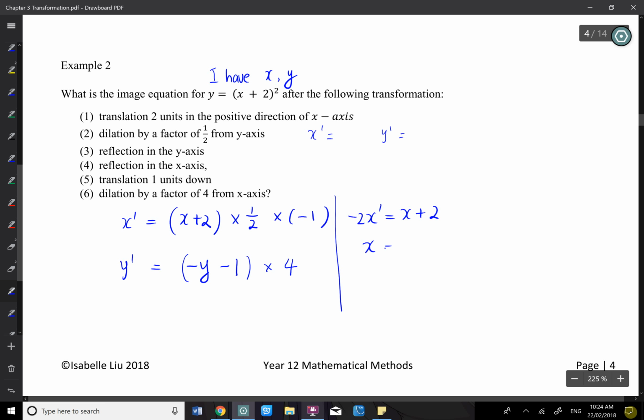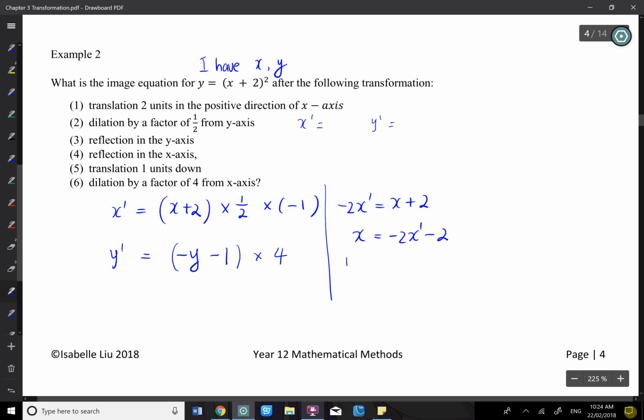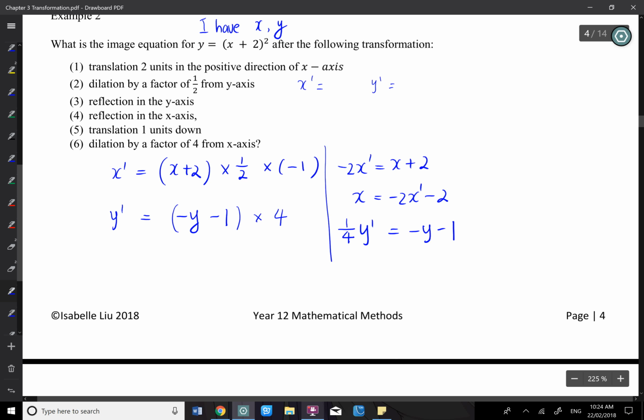So x equals to minus 2x dash minus 2. For the y side, a quarter y dash equals to minus y minus 1. A quarter y dash plus 1 equals to minus y. Y equals to minus a quarter y dash minus 1.